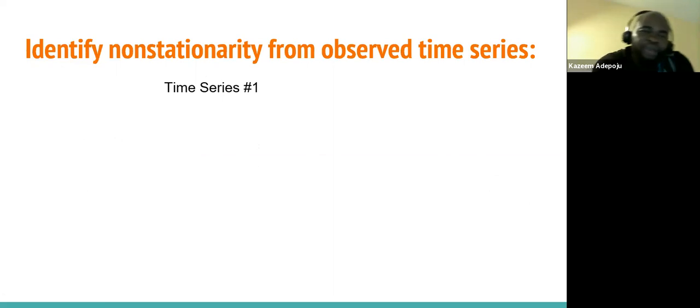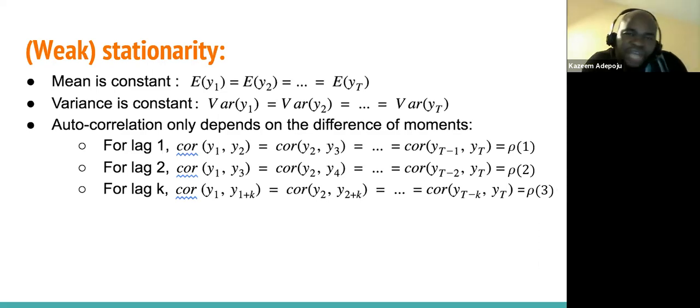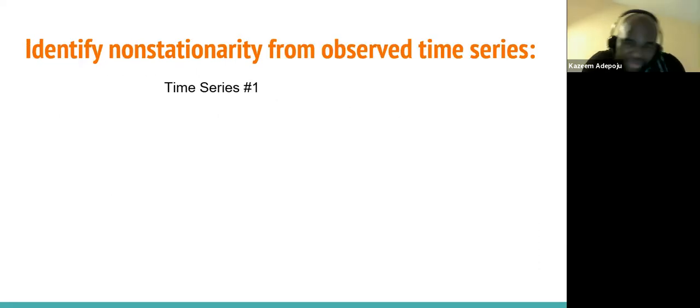The next thing I want to talk about now is identifying non-stationarity from an observed time series. If you have a time series data set, since we know the definition of stationarity, that is when there is no change in mean and variance over time, is there a way that we can actually identify non-stationarity?